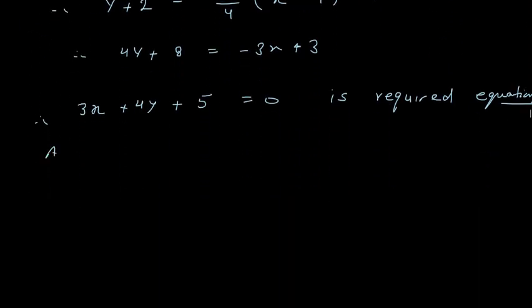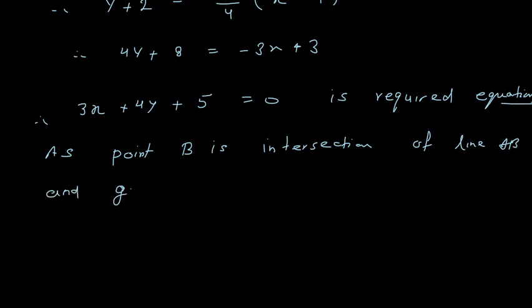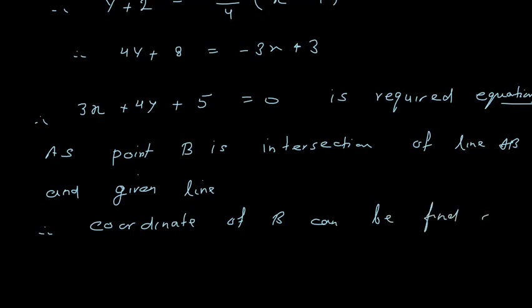So point B is the intersection of line AB and the given line, therefore the coordinate of B can be found out by solving both equations.